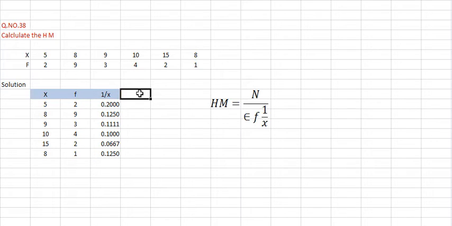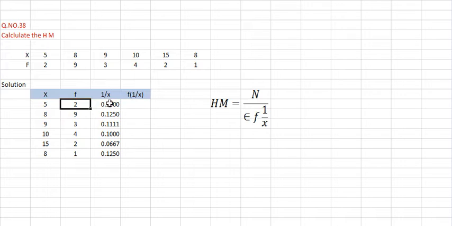What do we need to do now? We need f into 1 divided by x. You multiply f by 1 by x. See, f is here and 1 by x is here.